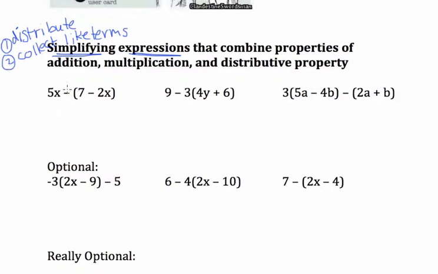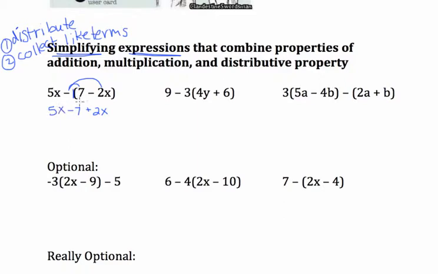So, first step is distribute this negative. Some people like to put a 1 here, almost like you're multiplying. Negative 1 times 7 is negative 7. And negative 1 times negative 2x. A negative times a negative is a positive. So that's positive 2x. So the negative sign just changes the sign of each of the terms in the parentheses.